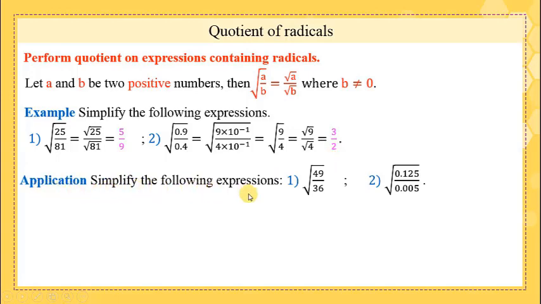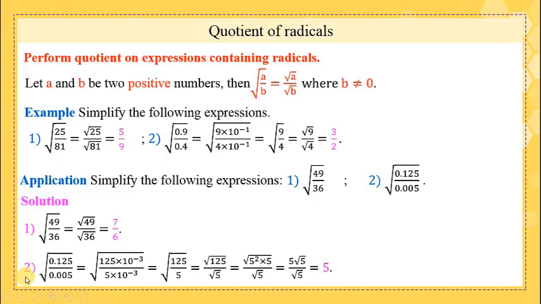Application, simplify the following expressions. Please students, pause this video and try to solve this application. Solution. Number 1, radical 49 over 36, this is equal to radical 49 over radical 36, which is equal to 7 over 6. Number 2, radical 0.125 over 0.005, this is equal first to radical 125 times 10 to the power minus 3 over 5 times 10 to the power minus 3.